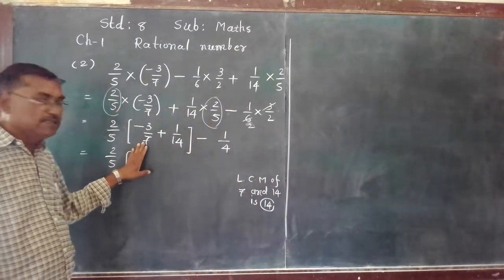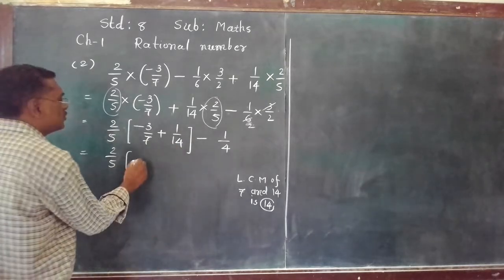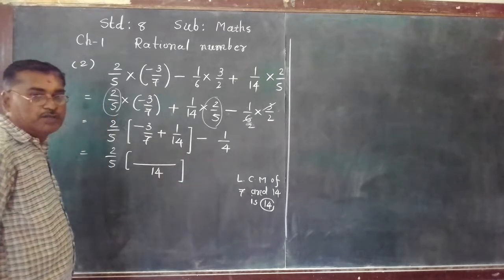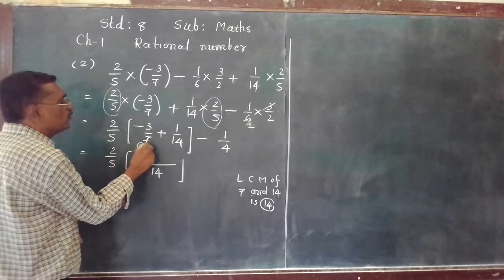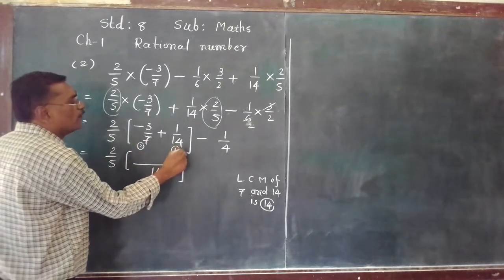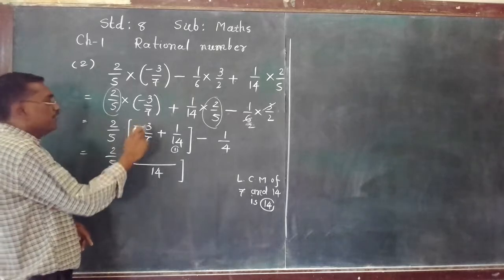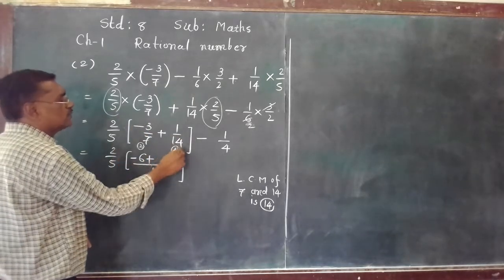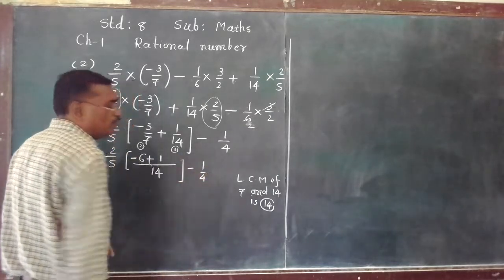How? 7 1s are 7, 7 2s are 14, 14 1s are 14. In this way, we can write here 14 is the LCM. Now equalizing the numbers 7 and 14, we can write multiplying here 2. 7 2s are 14, 14 1s are 14. So multiplying this number with the numerator, 3 2s are 6, that is minus, plus 1 1 is 1, minus 1 upon 4.